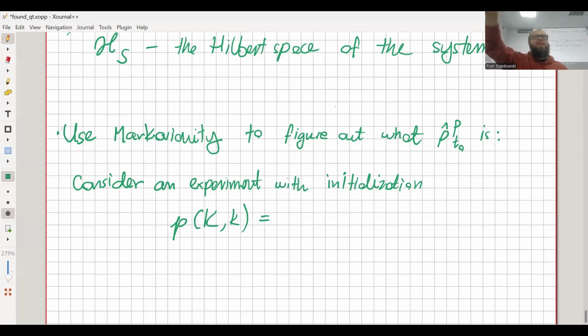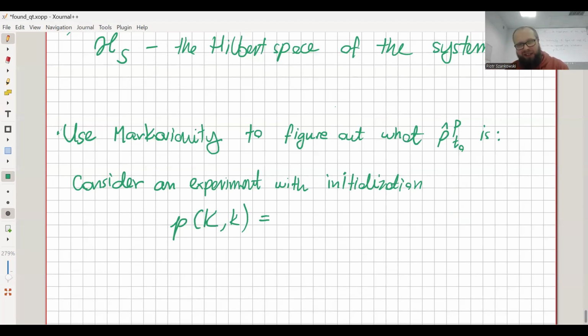Now you can have a probability distribution of picking a certain device and getting a certain result. So that is just a simple generalization of one specific choice of initialization.